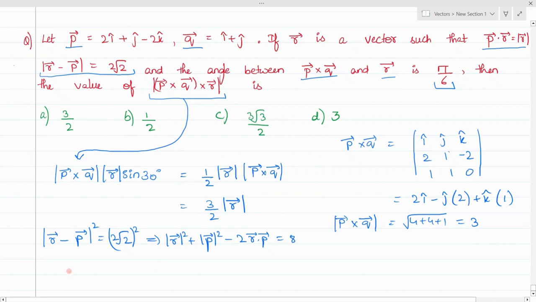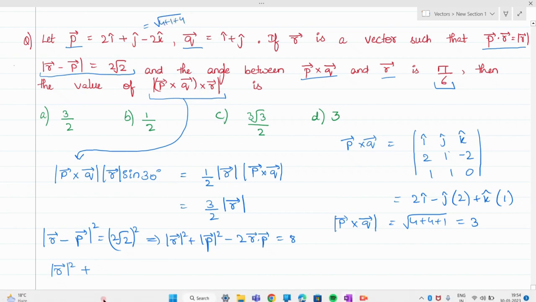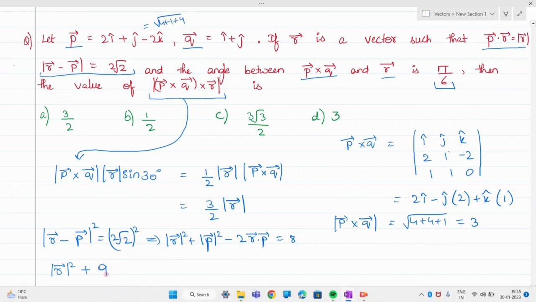Magnitude of R square we don't know, plus magnitude of P square is 4 plus 1 plus 4, that is 3 square, that is 9, minus 2 times R dot P, which is magnitude of R as given in the question, equals 8.